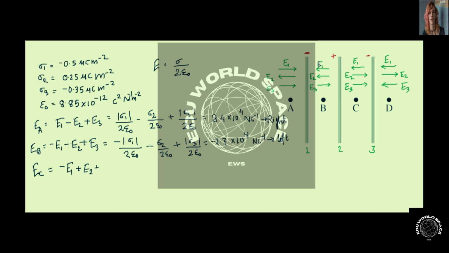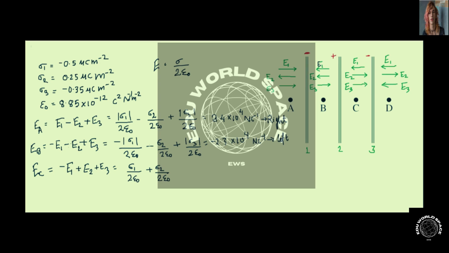We can even write just sigma 1 because minus of modulus is again minus. So just let me write sigma 1 here. Sigma 1 by twice epsilon naught. Now E2 is what? Plus sigma 2 upon twice epsilon naught.